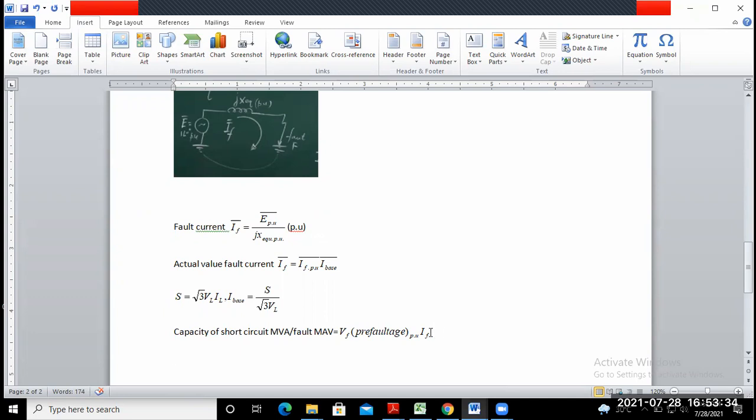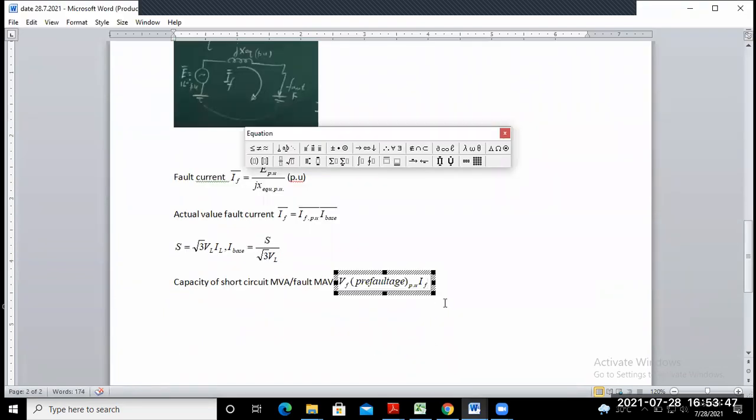Now we calculate the capacity of short circuit MVA in per unit, since this voltage and current are in per unit. This short circuit MVA capacity is also in per unit.